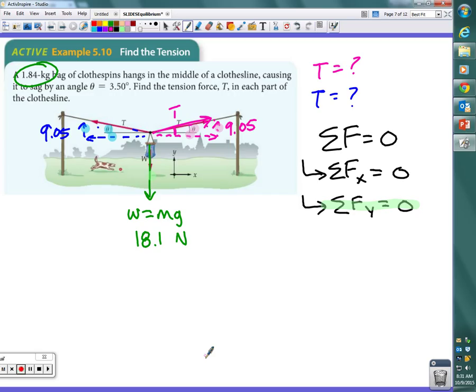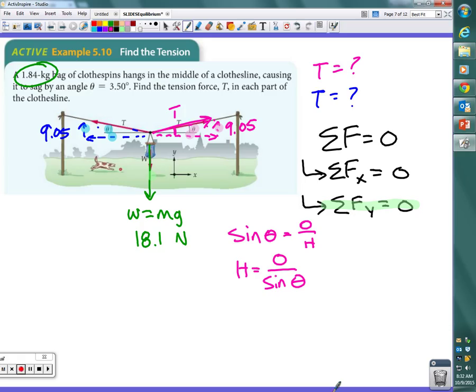So sine is the relationship between opposite and hypotenuse, right? So we know that sine of theta is equal to opposite over hypotenuse, right? But we're trying to find hypotenuse. So we rearrange this equation to look like this, right?